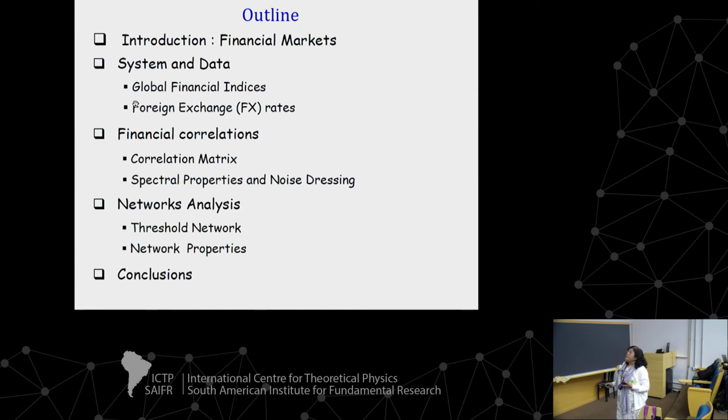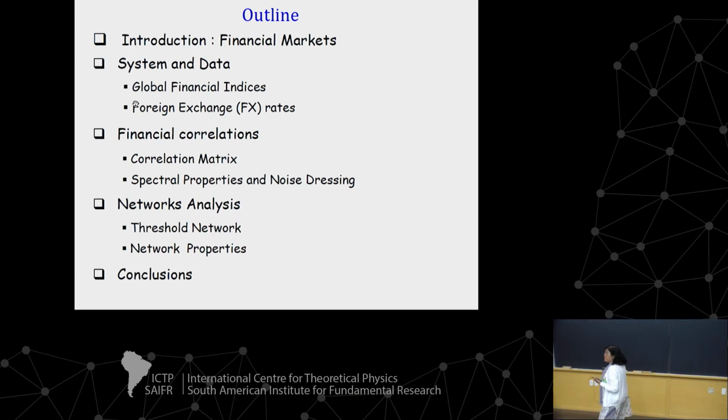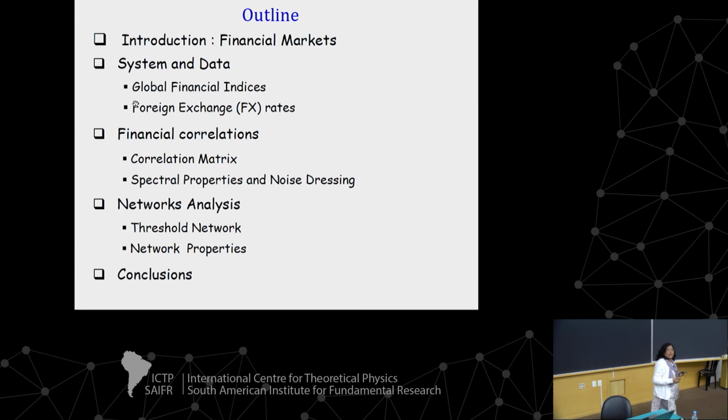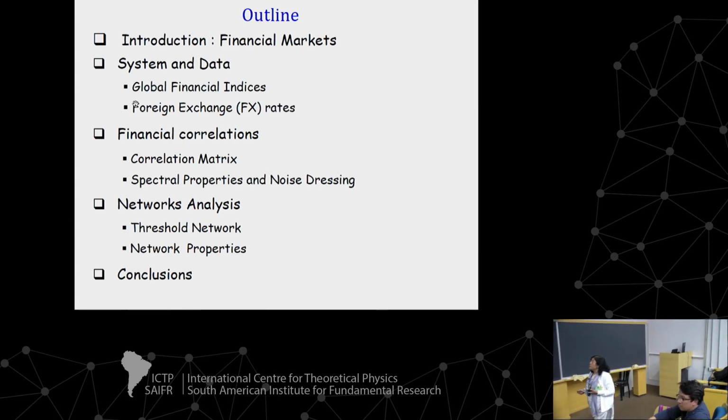And I'll do network analysis, which has thresholds in it, and study the properties. My main objective of this work is to control the networks that I'll find, in particular to control the extreme events that we'll have in these systems, which are the crashes and booms.